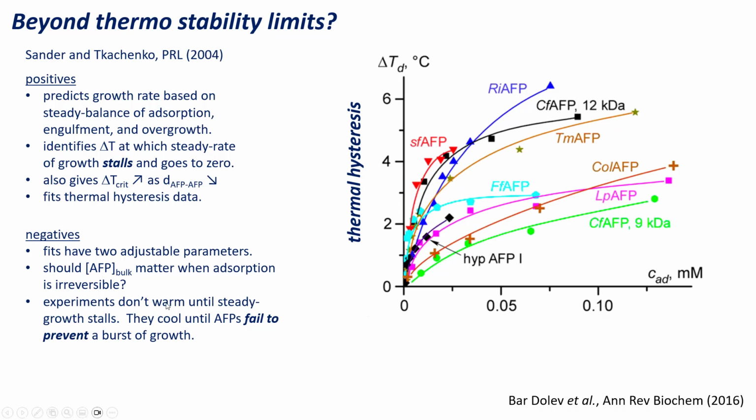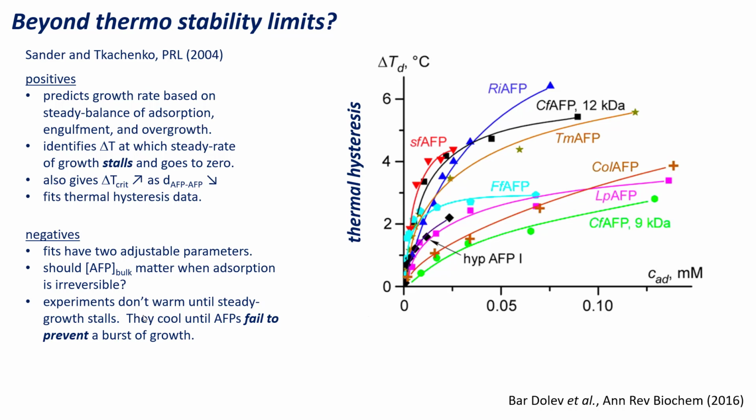The third point is that the experiments don't actually warm until steady state growth stalls. That's what the steady state analysis in the Sander and Tchachenko theory is predicting. Instead, what happens is that we're starting at zero with ice not growing and already coated with antifreeze proteins, and we gradually get colder and colder, and there's no growth until there's a moment when we get a sudden burst of growth.